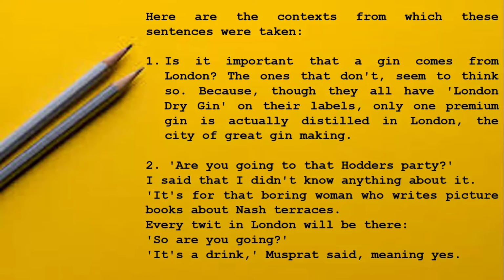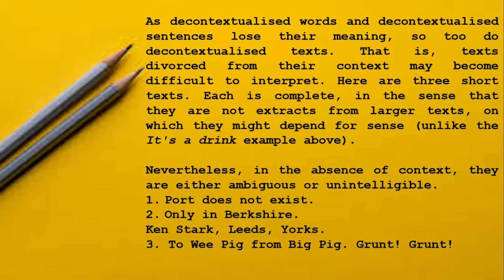In this case, the question, are you going, requires a relevant answer, which is likely to be either yes or no. It is more likely that it's a drink means yes rather than no, but notice that the author feels the need to make this interpretation explicit. As decontextualized words and sentences lose their meaning, so too do decontextualized texts. That is, texts divorced from their context may become difficult to interpret.